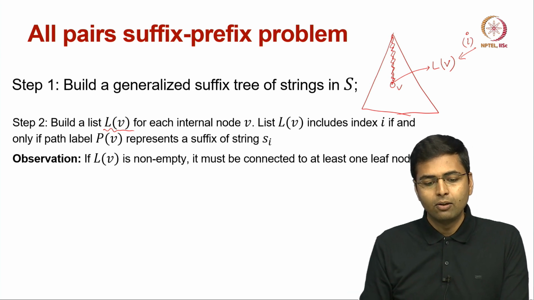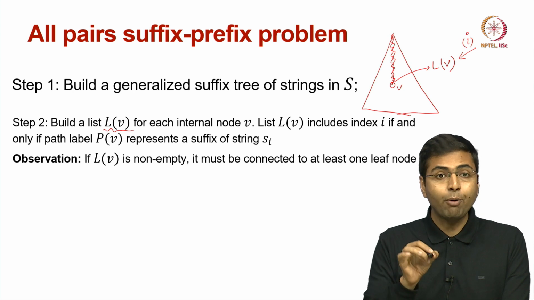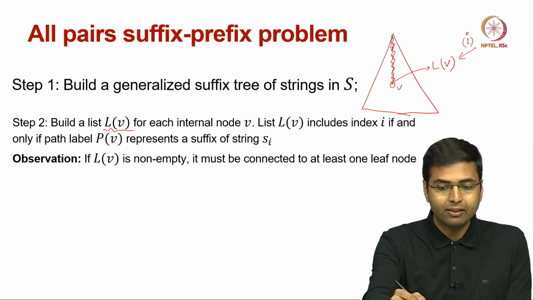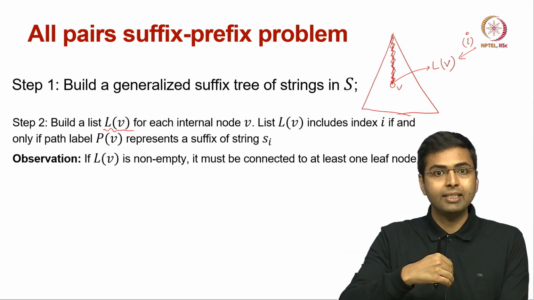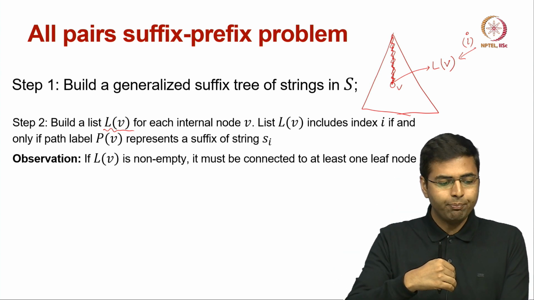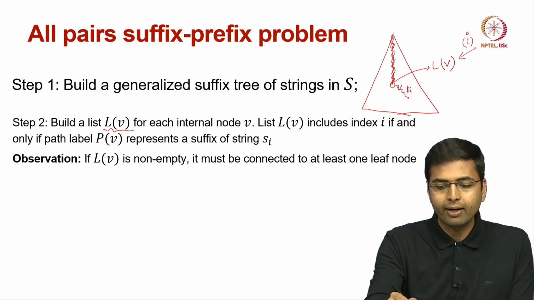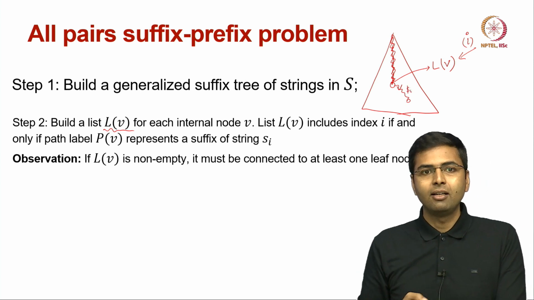right. So, observe that I am talking about internal nodes here. If this path spells the complete suffix, then what that means is that it must have a leaf node which has a $I label.